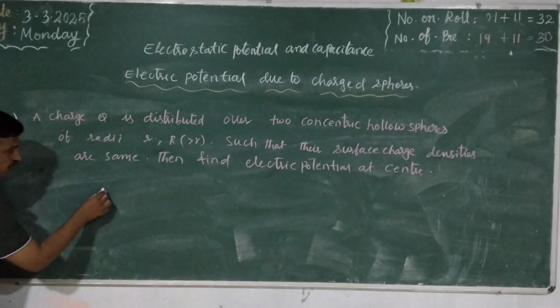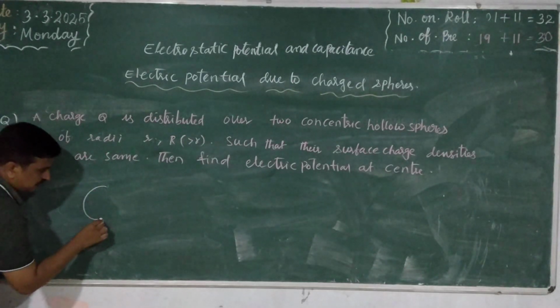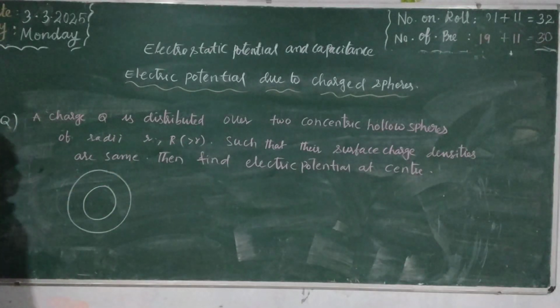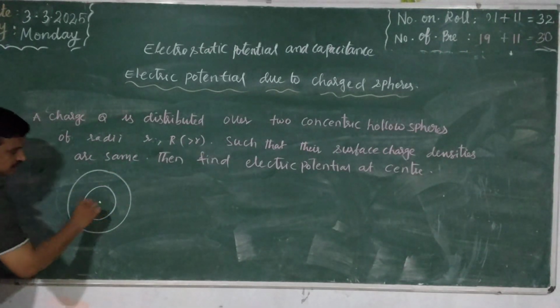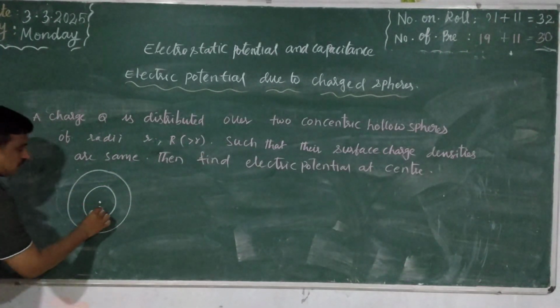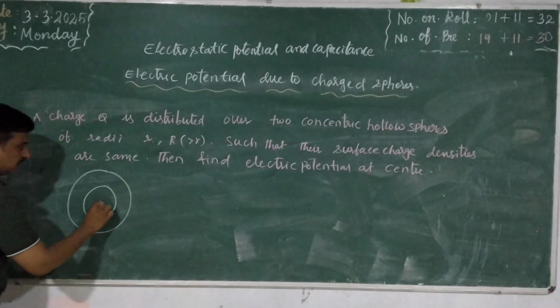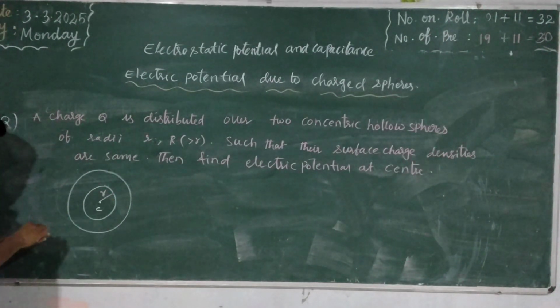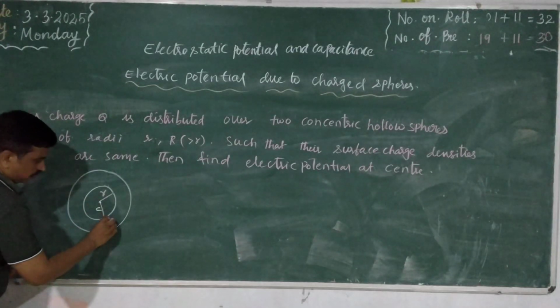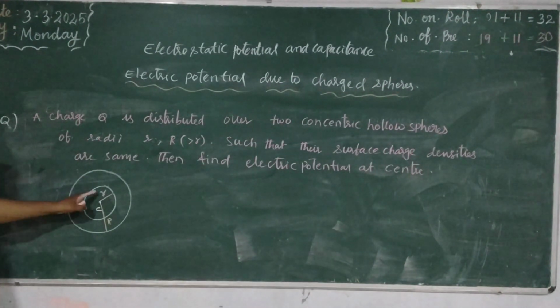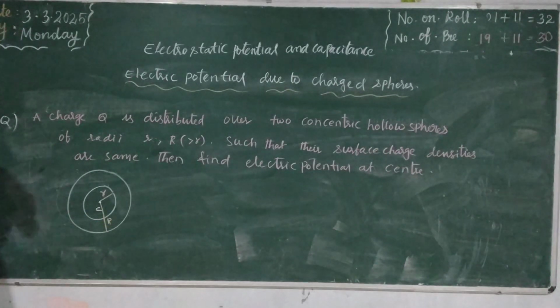Here we draw the concentric spheres, one and the other, with a common center point, and we want the electric potential there. The radius of the inner sphere is small r, the outer sphere is capital R. These are the concentric hollow spheres.